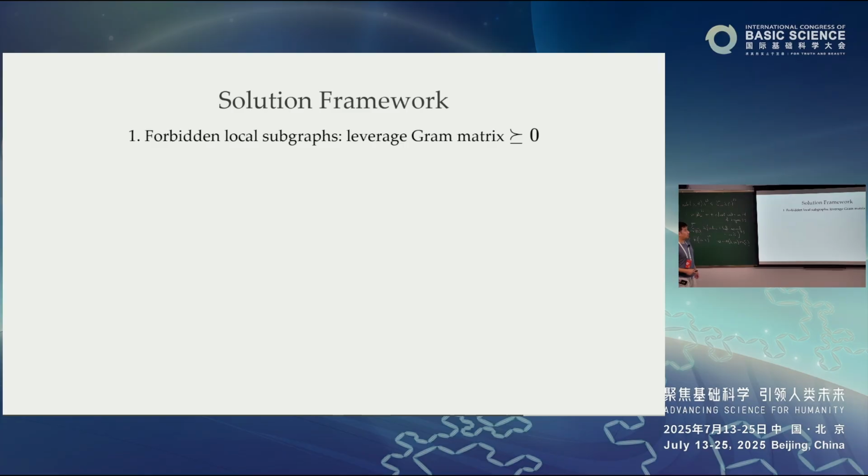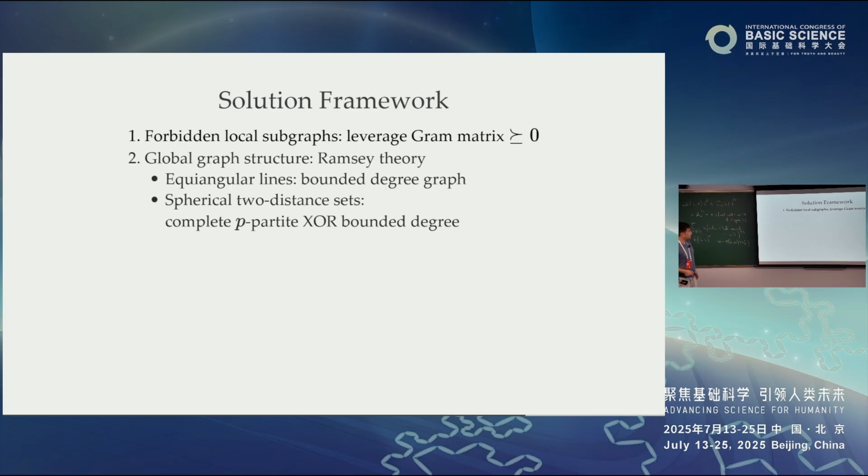Overall, the framework that we use to prove these special cases is forbidden local subgraphs, meaning that we try to leverage the condition that the Gram matrix, which I define as M, is positive semi-definite. Just by playing around with this positive semi-definiteness, you gain a lot of local insights into the graphs that you build.